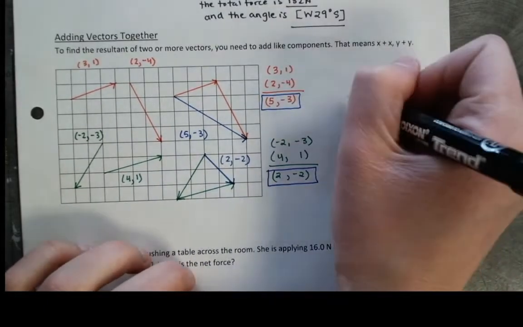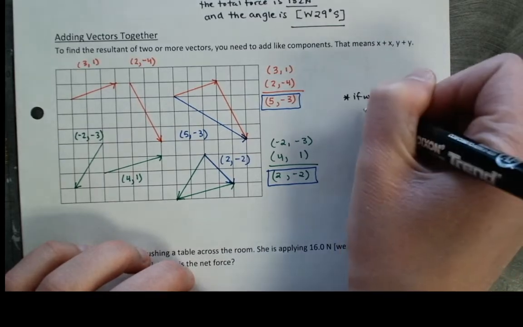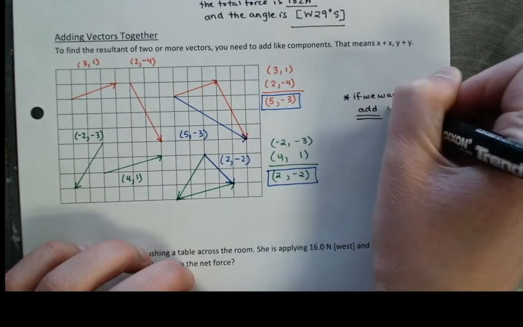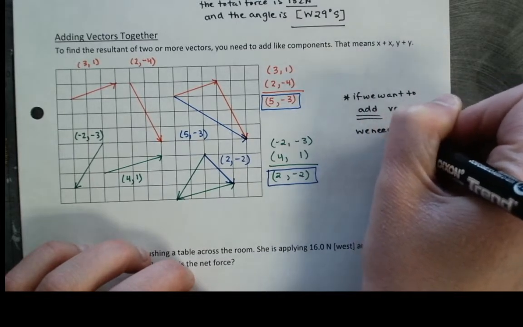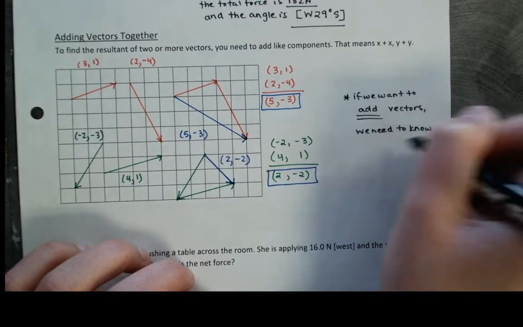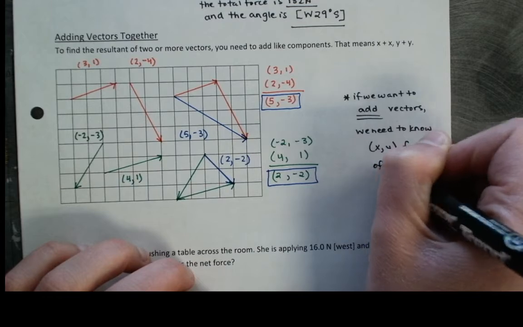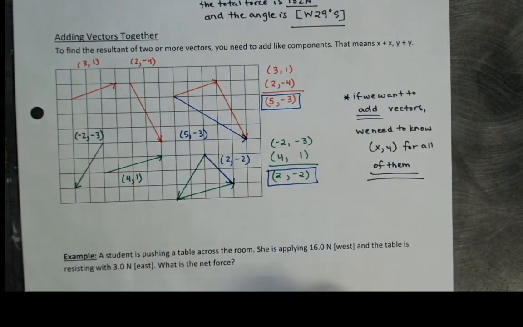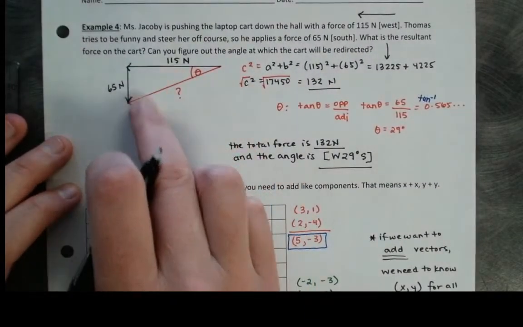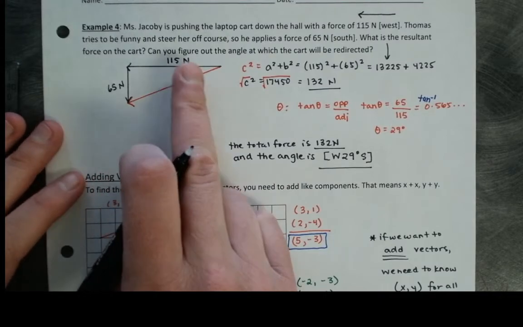So basically, if we want to add vectors, we need to know x and y for all of them. Okay? Now you might be thinking, well, we've already kind of added vectors together. Technically here we were adding them, but the thing is they were easy.